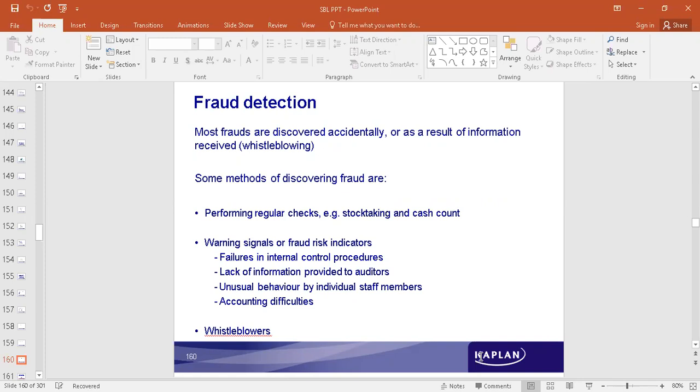So from time to time, gather information from the whistleblowers, or have an effective system wherein people have confidence and openly come and share their feedback through this whistleblowing system. So they become whistleblowers, by which any kind of fraud happening in the organization can be brought to the notice of the management.